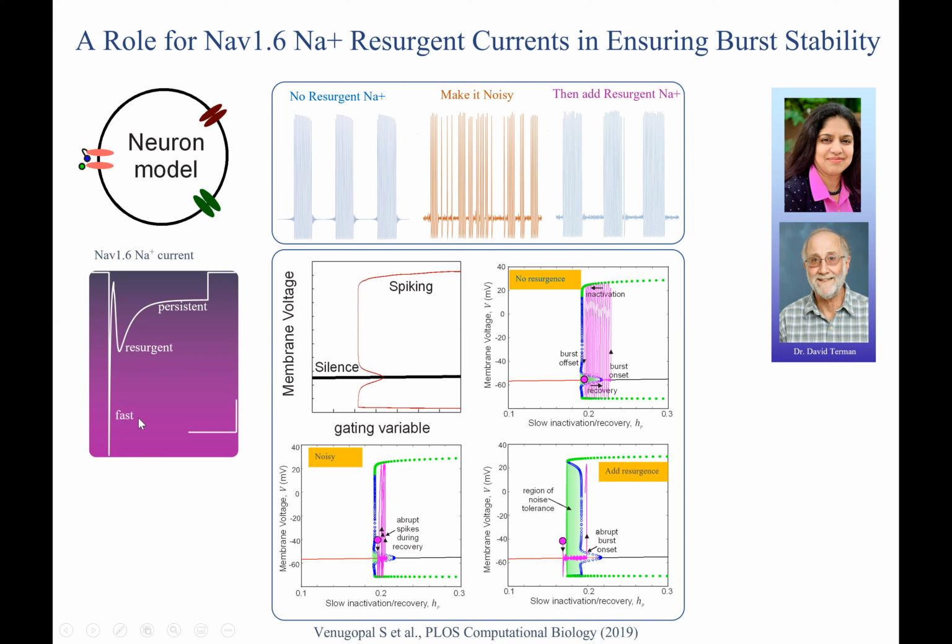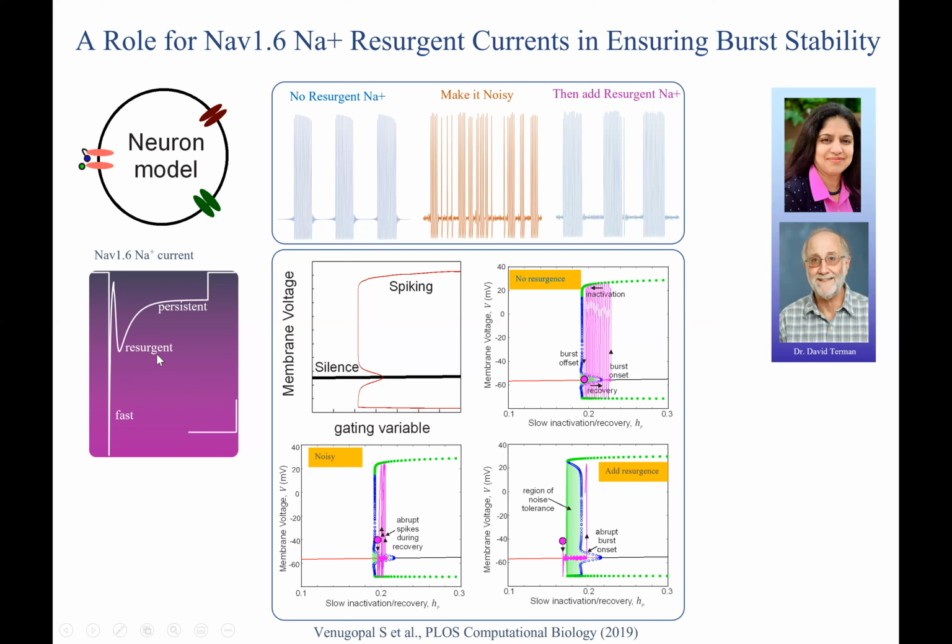What I show here, this purple part, shows the model that we generated for the type of currents that are missing in this neuron, not completely missing, but downregulated or reduced. Here I show the rhythmic bursting in this model cell, and there is a specific component of this channel current, which is called a resurgent current.